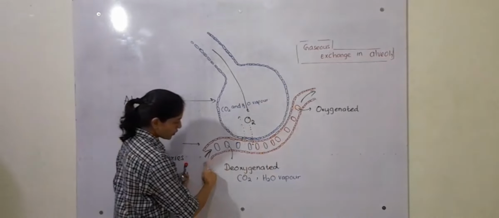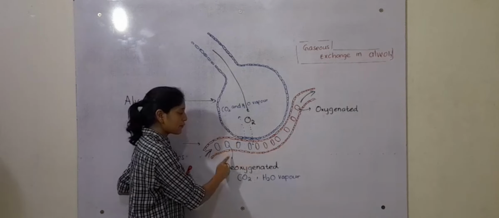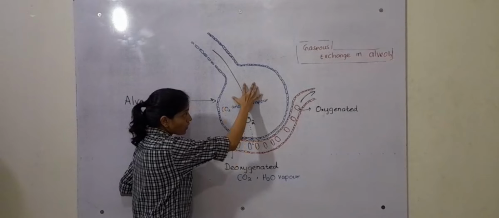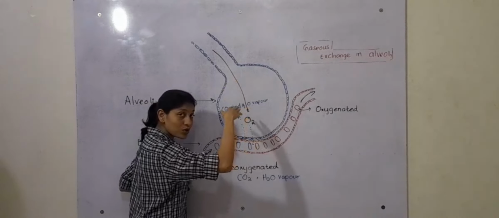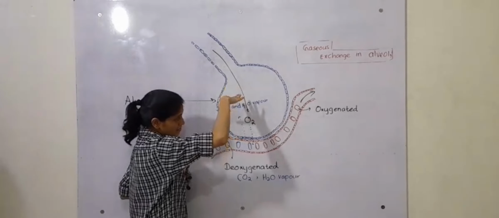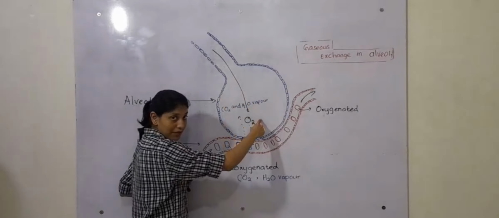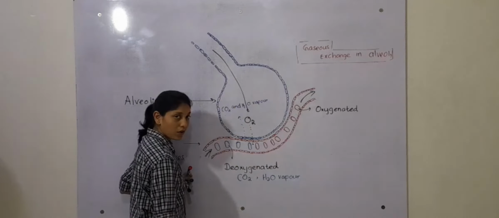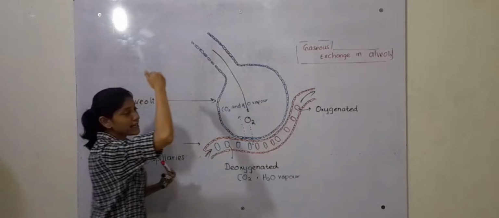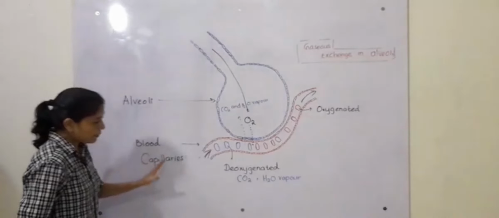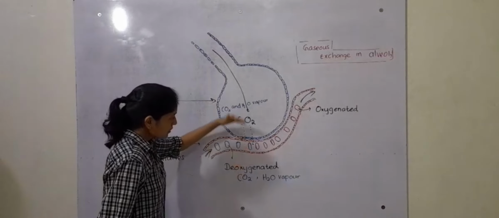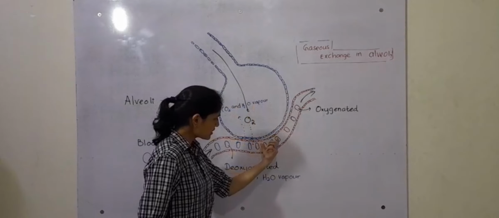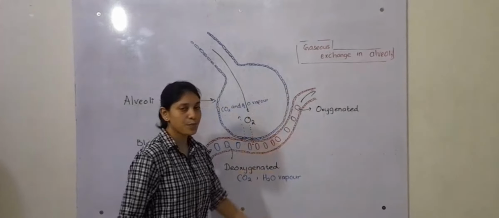Here the concentration of carbon dioxide and water vapor is high, and the carbon dioxide and water vapor in the alveoli is low, as in the previous case, right? It is low when oxygen is entering the alveolus. So carbon dioxide and water will diffuse into the alveolus and be taken out of the body during expiration. Understood? Thereby, people, the deoxygenated blood will get oxygenated during this process. The blood gets oxygen through this process.